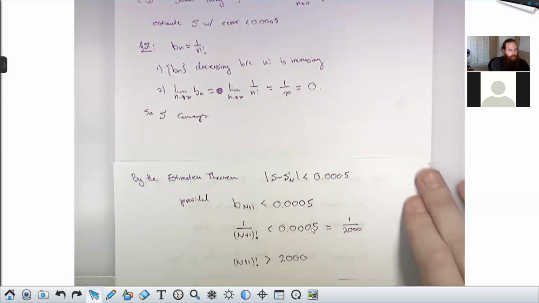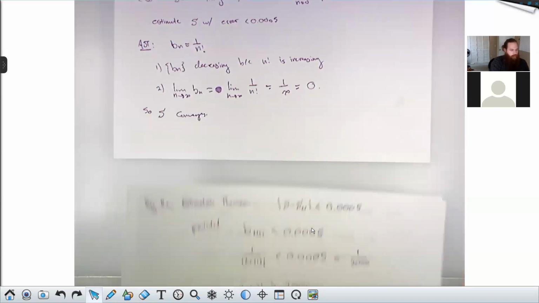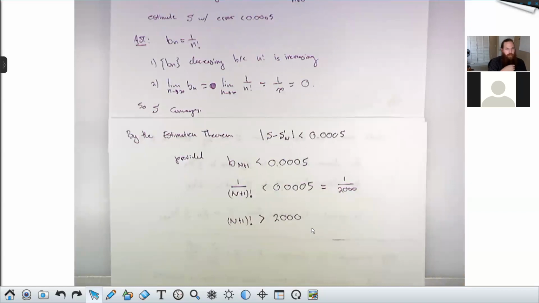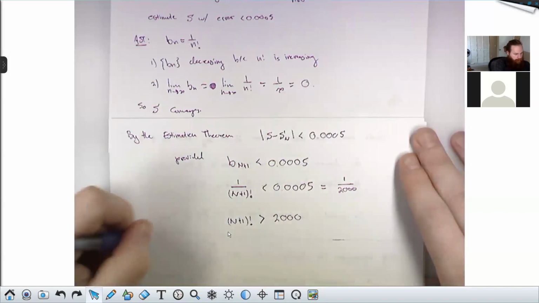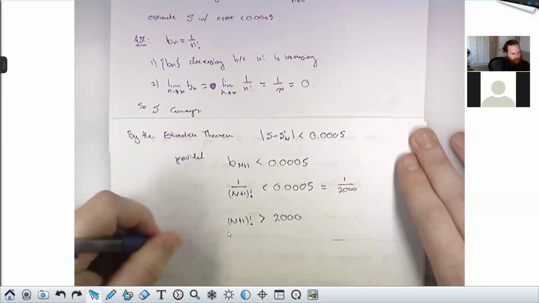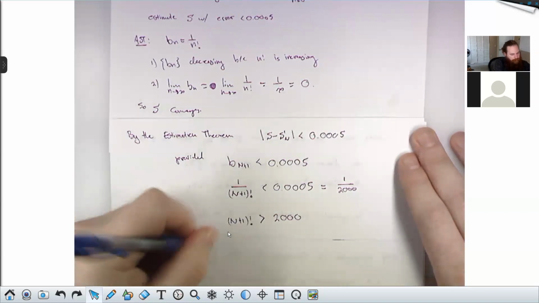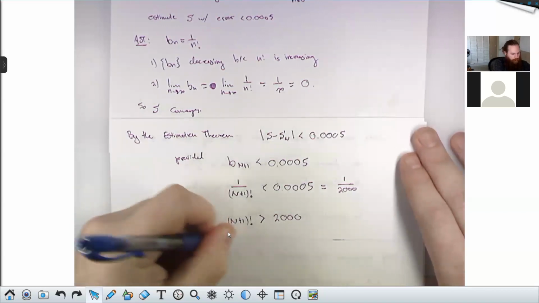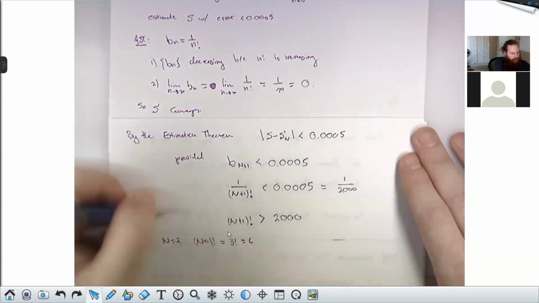Now this inequality is not so easy to solve, not algebraically, because there's no nice way to algebraically manipulate the factorial function. But you can check. If n is 2, then n plus 1 factorial is 3 factorial, which is 6.